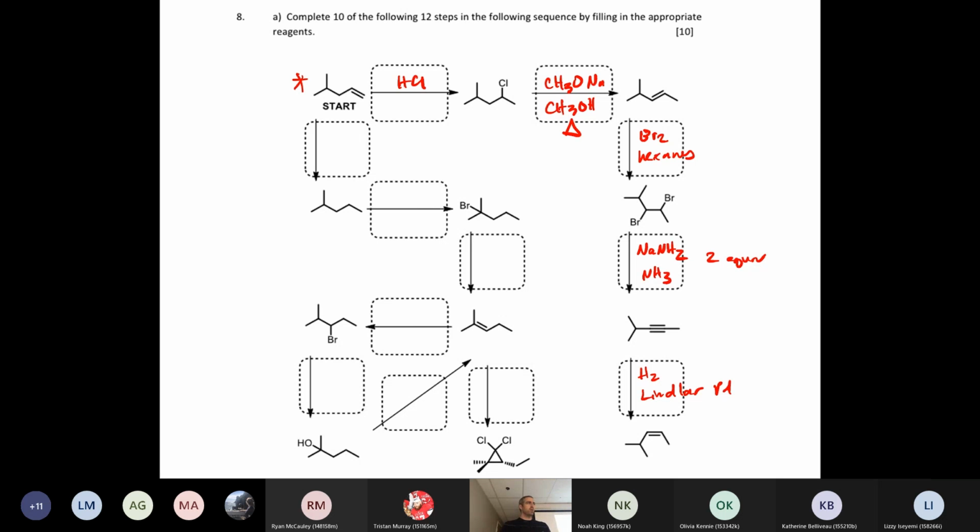So again, these are all reactions you're probably not super familiar with yet, but some of them you should be familiar with, like this one. But yeah, you'll get there. This one is just hydrogenation with like platinum or something like that. This next one is unit 9. Then we have another elimination.